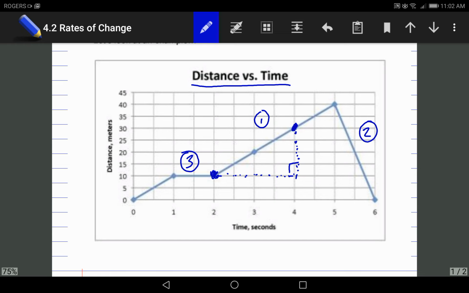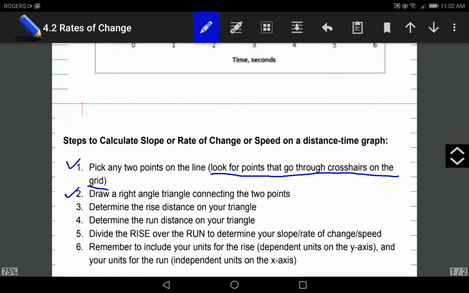The reason why we want to draw that little triangle connecting the points is it will make it easy for us to observe the run, the distance that the run is, and observe the rise, the distance that the rise is. So we're going to observe that in a second. We've drawn the triangle. So we've picked our 2 points. Let's go down to step 3.